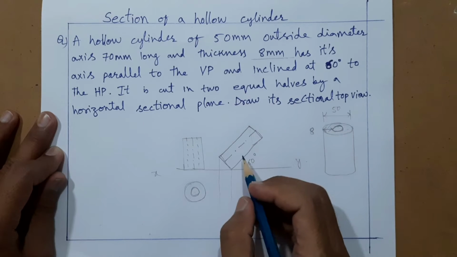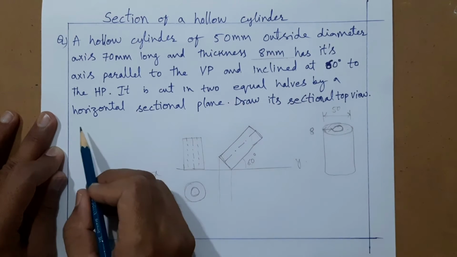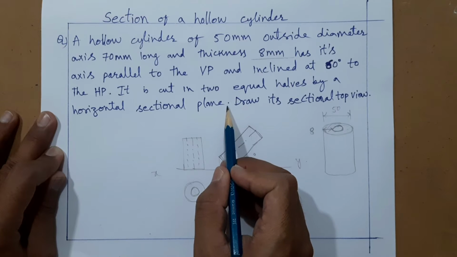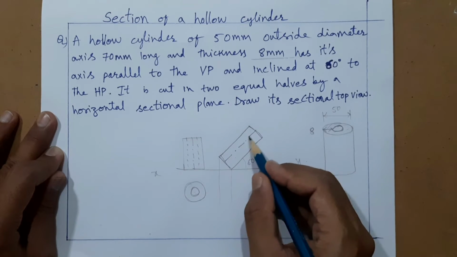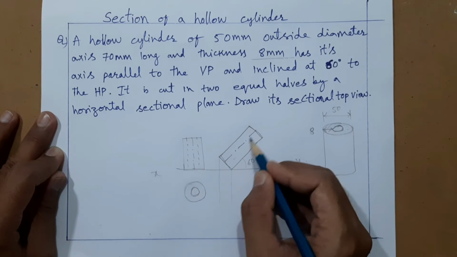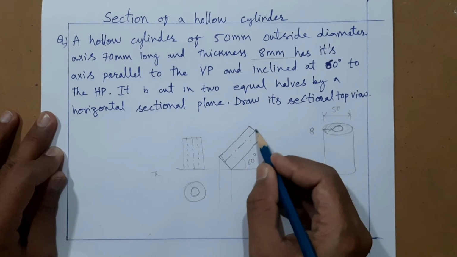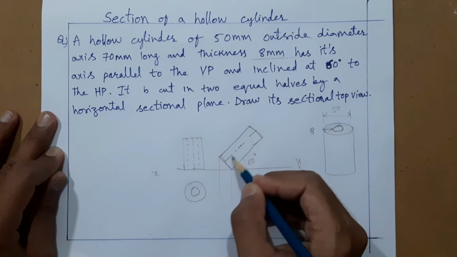Okay, so before that what they have said, it is cut into two equal halves by horizontal section plane. Okay, section cutting plane should be horizontal, but exactly two equal parts should be there. So what you have to do, take the axis, because axis is a middle or symmetry of the body. So in the axis you take midpoint of the length.